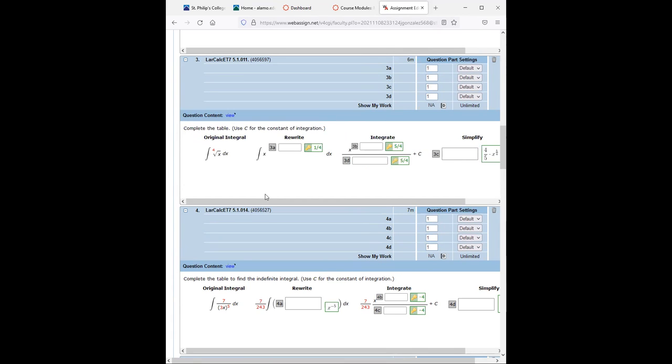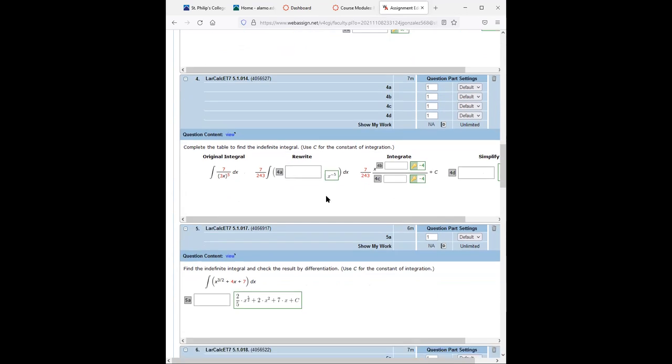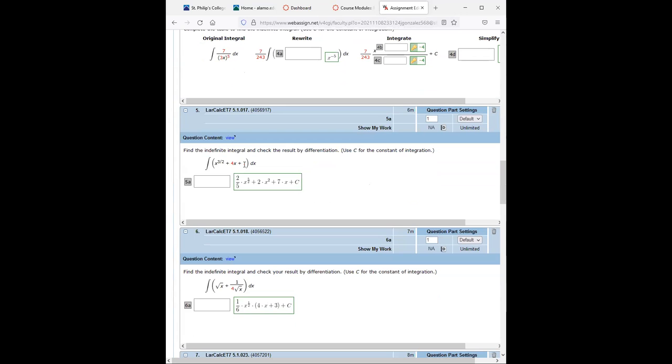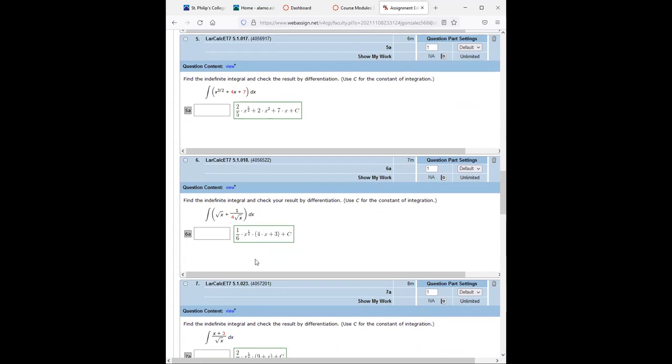That's pretty much what we did. 4 is a little harder, but the same kind of thing. 5 is different. Let's see. 6 looks more annoying. Let me do 6 for you. So find the integral.